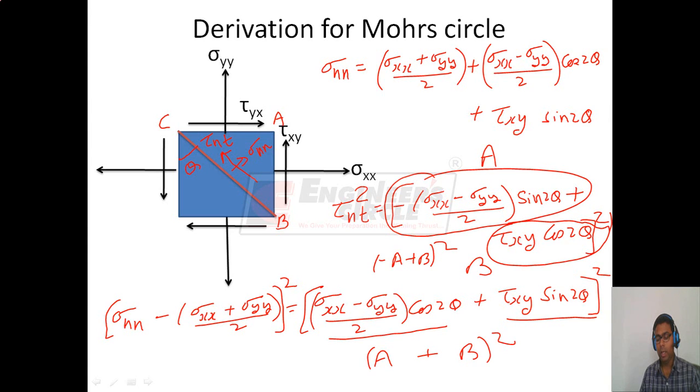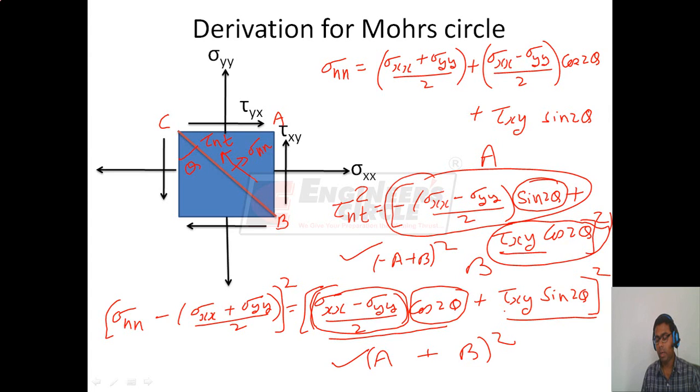So we will get A square plus B square minus 2AB from this equation, and A square plus B square plus 2AB from the bottom equation. If we look at the term A, we will have sigma xx minus sigma yy by 2 on the top. Similarly, sigma xx minus sigma yy by 2 on the bottom, which will come as common, and sin square theta plus cos square theta will become 1.